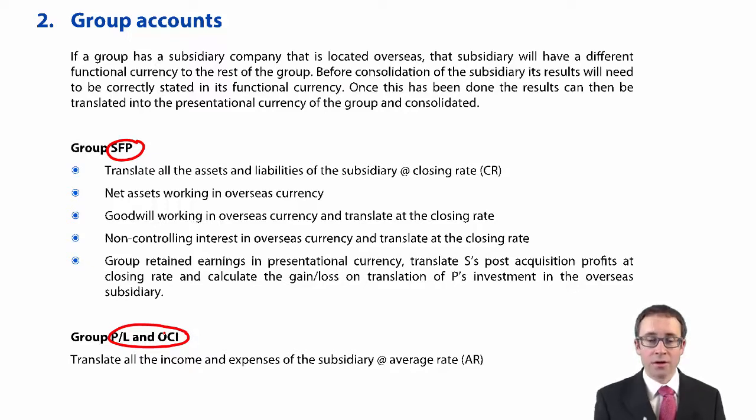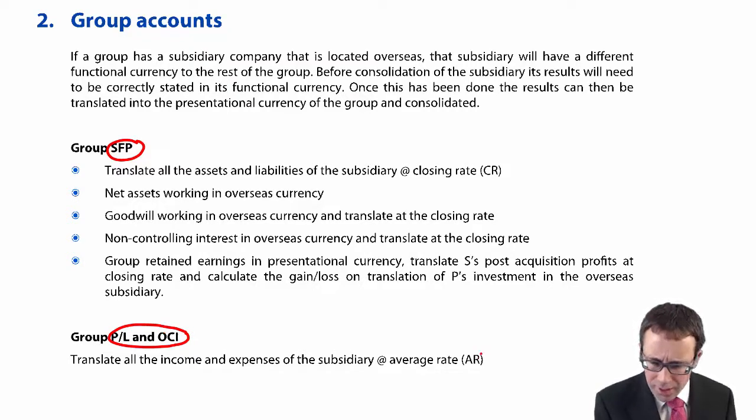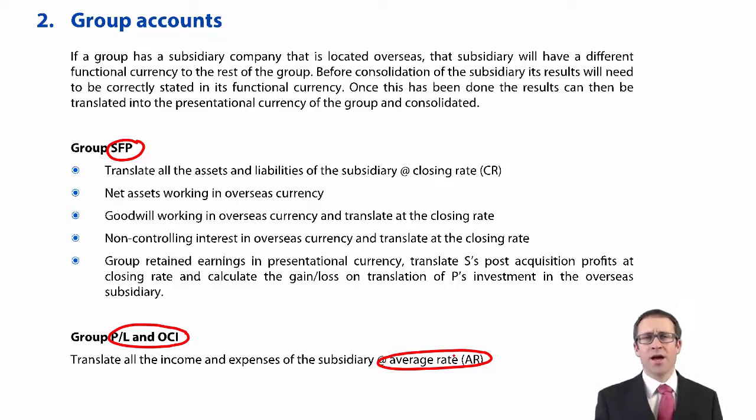If you look at the profit or loss and OCI, it's really simple. You translate everything, income and expense, at the average rate. Technically, you should look at every individual income transaction and every individual expense transaction, and use the rate that was in place on that date.